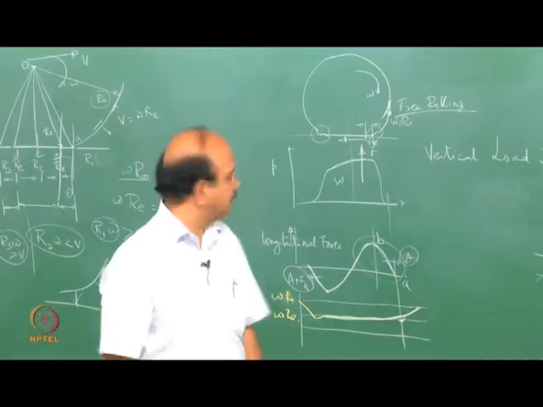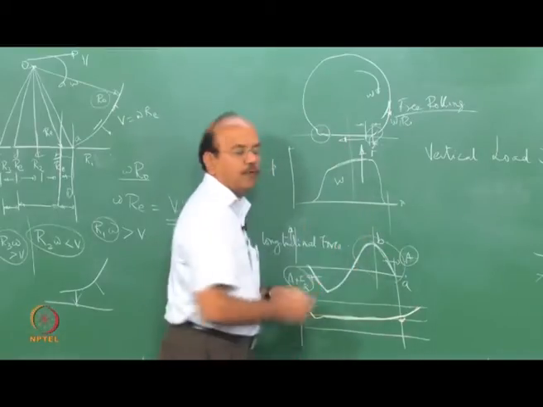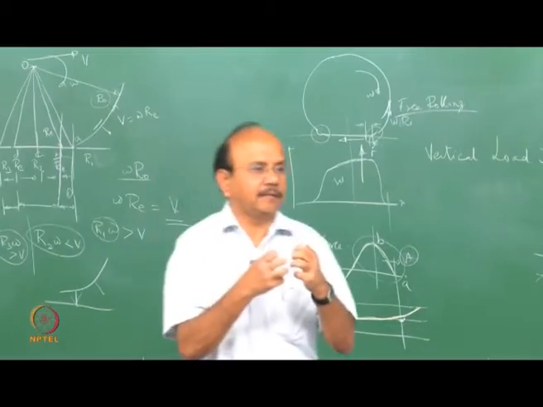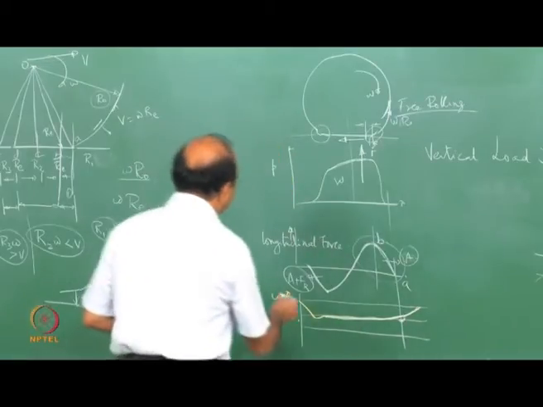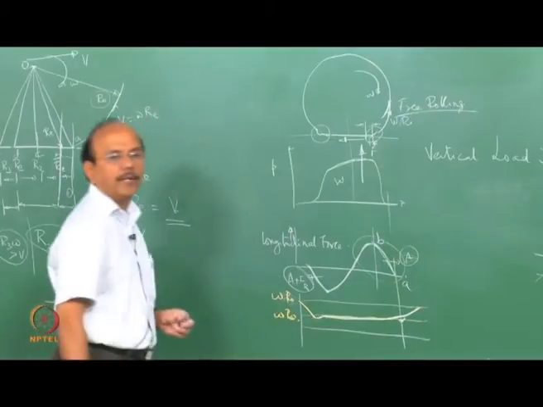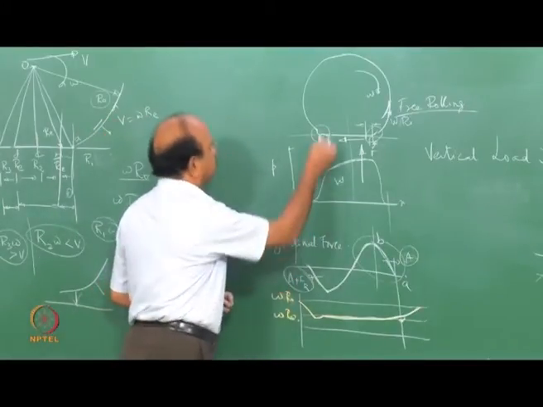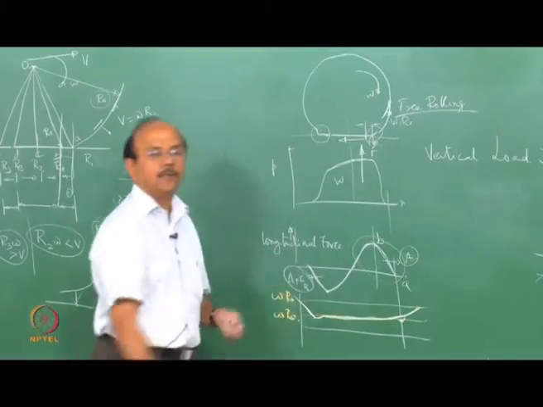This is because the rolling resistance has given me a force there, and that force gives me that extra compression towards the end, and that results in further drop of my omega r, and then I raise after this, and then I go back to my original velocity.